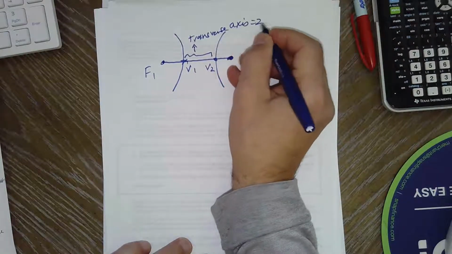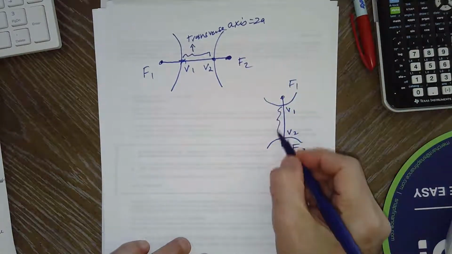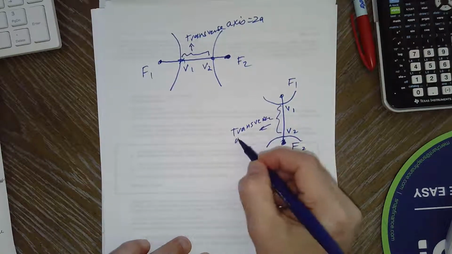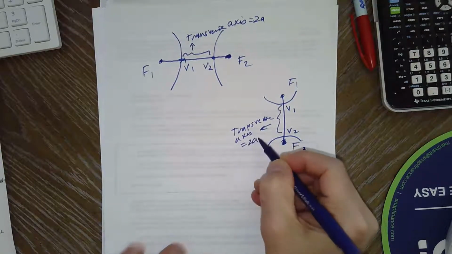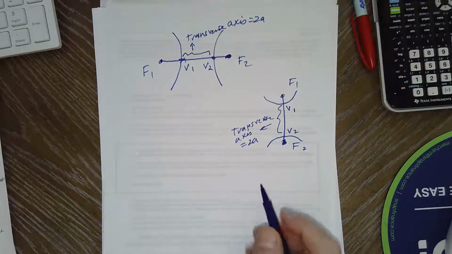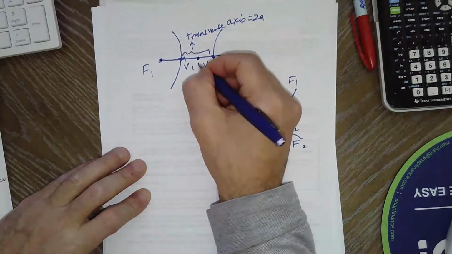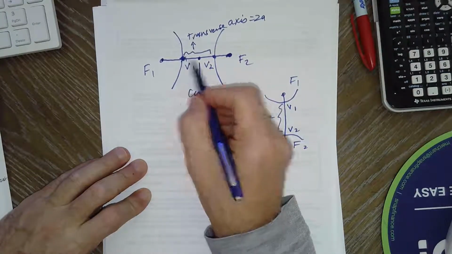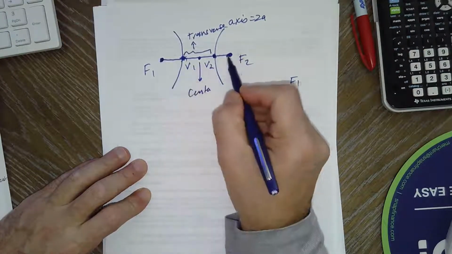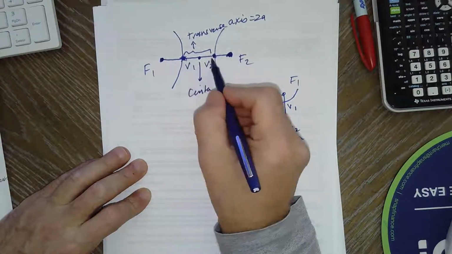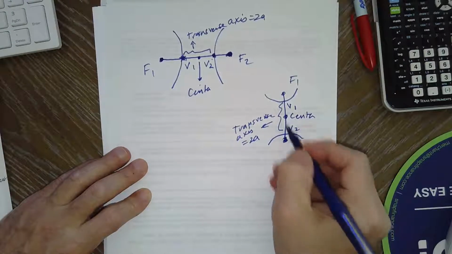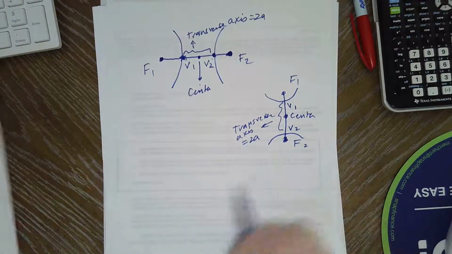The center of the hyperbola is the midpoint of the transverse axis. It's the midpoint of V1, V2, and also the midpoint of F1, F2.